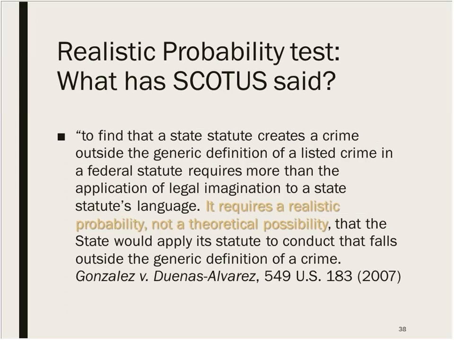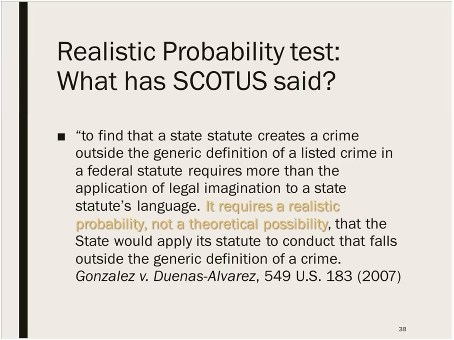So, the realistic probability test. Andrea mentioned before that when we're determining the minimum conduct in the categorical approach, we have our generic statute, which might be a federal statute because it's referenced in the actual removal ground, or a generic definition defined by case law.